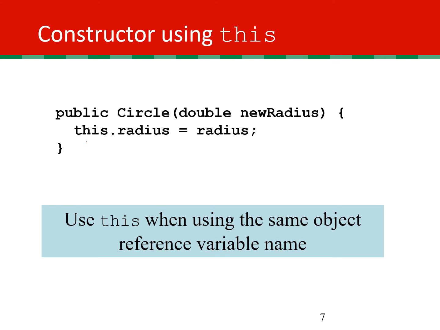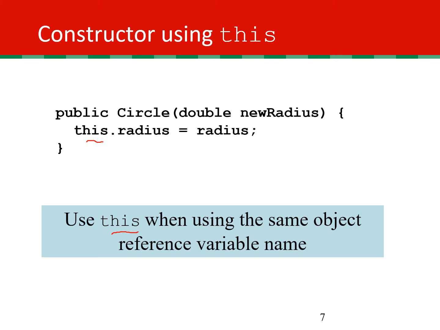Okay, I think you used this before in the previous course. You use the keyword this when using the same object reference variable name. Later on you will learn how to apply the concept of inheritance, where maybe you will have the variable radius but in the parent class.